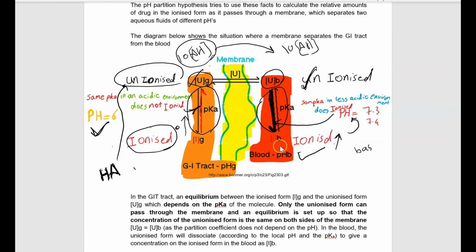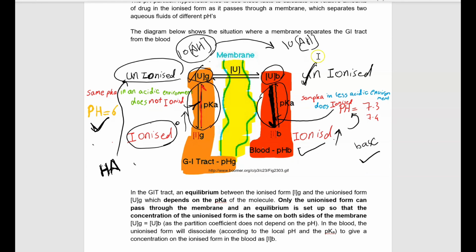So now, because our blood is more basic than our intestine, some of these molecules will dissociate to produce some ionized molecules.